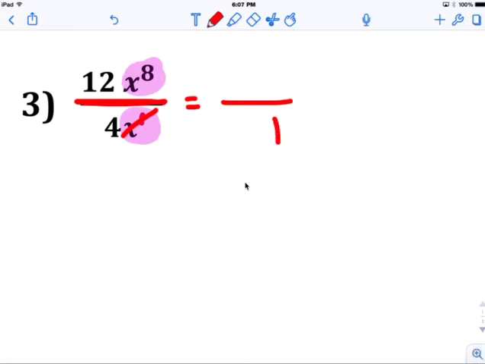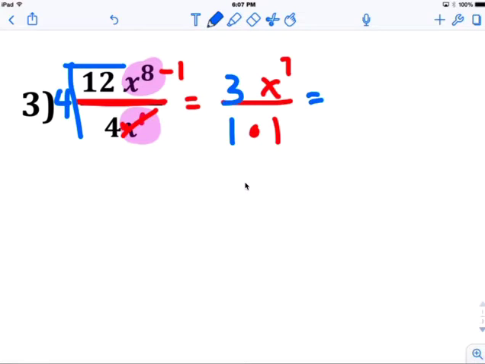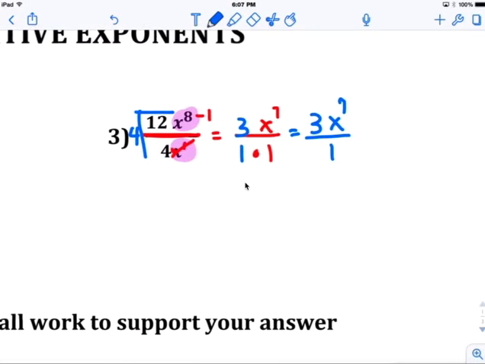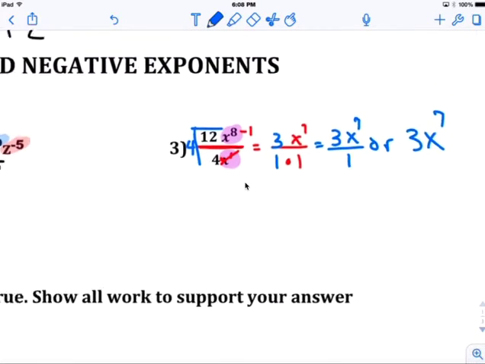That's a 1 times, right? And then 8 minus 1, that's x to the 7th. And then you simplify 12 divided by 4. You divide both by 4. That's 3 times the 1. So your answer is 3x to the 7th over 1, or just 3x to the 7th. This was Friday's homework.